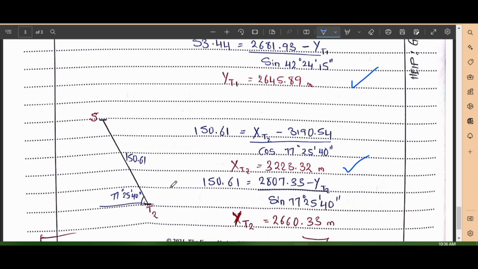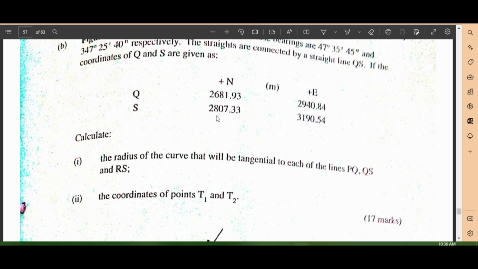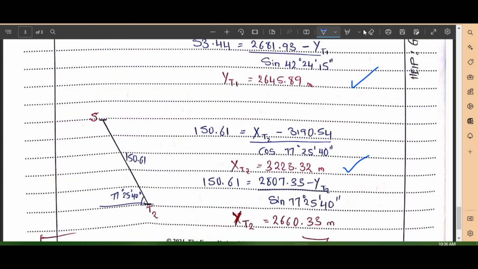Then we go to the northing coordinate. The length given there equals the northing that we have been given for S in the question, minus the coordinate that we are looking for, over sine 77 25 40, and our coordinate for the northing will be that.